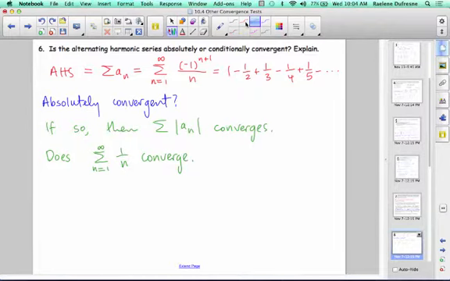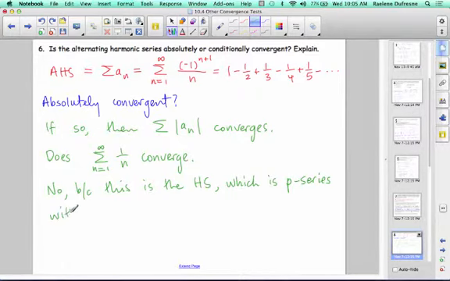Our answer is no, because this is the harmonic series, which as a basic series we know diverges, a p series with p equal to 1. Therefore, the alternating harmonic series is not absolutely convergent.